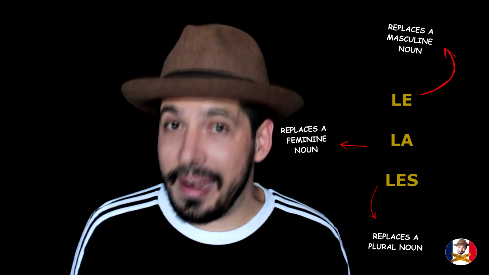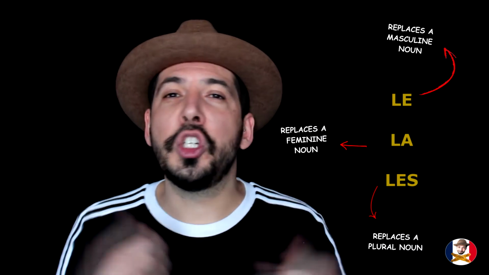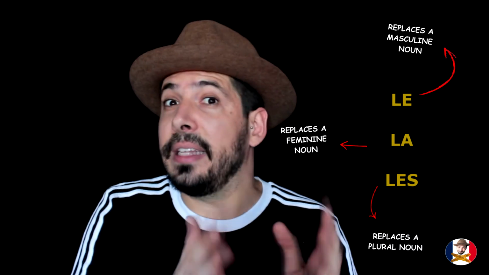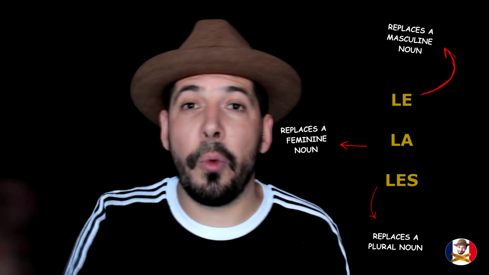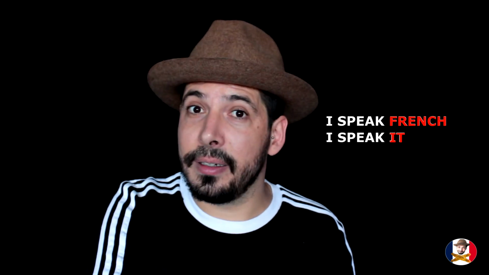I would like to clarify something about the use of le, la, and les in French, because usually we use them as a shortcut, as a way to avoid repetition. The same way you do it in English actually: "I speak French," "I speak it," right?